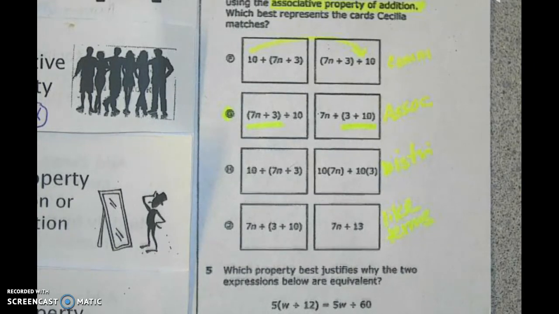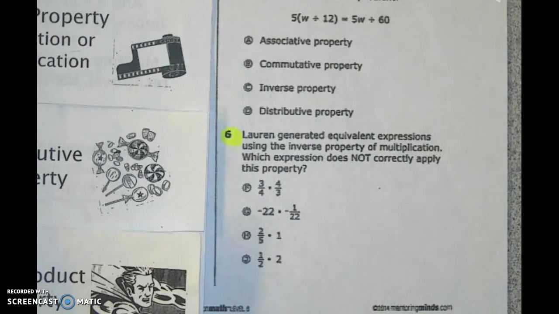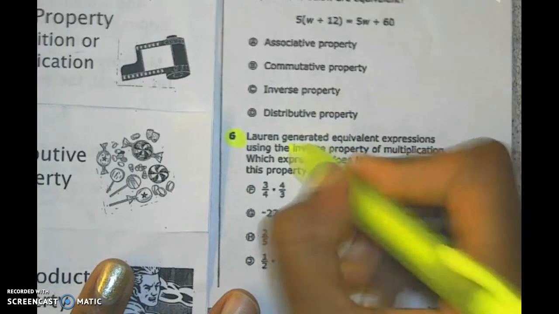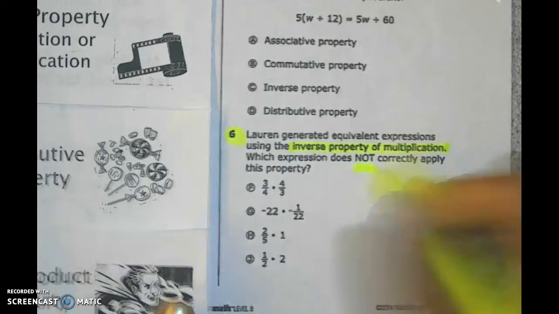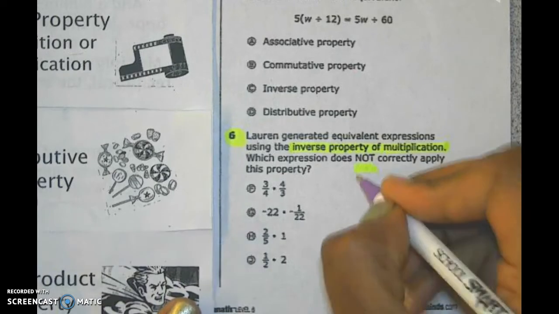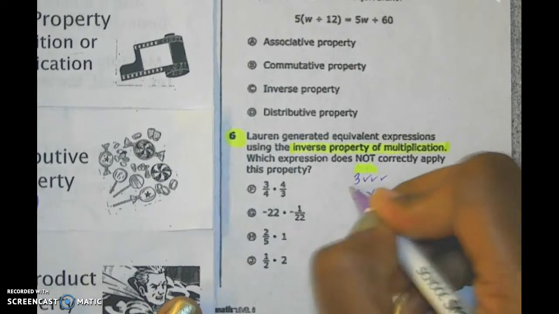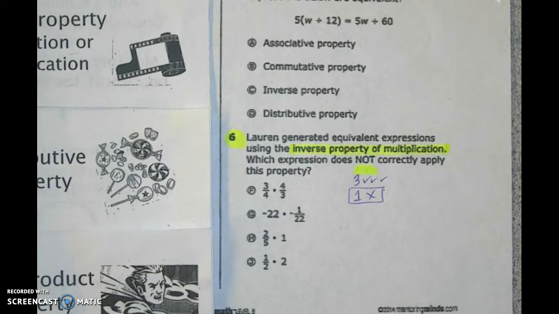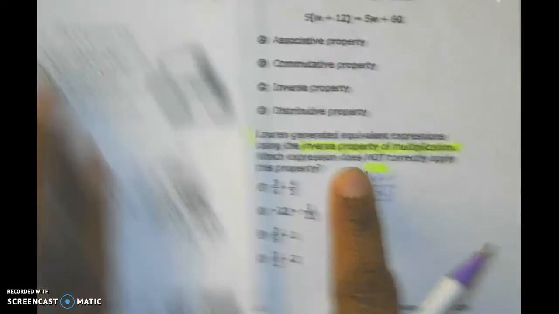And last but not least tonight, I want you guys to look at number 6. Lauren generated equivalent expressions using the inverse property of multiplication. So now we're talking about inverse property. Which expression does NOT, capital N-O-T, correctly apply this property? That means 3 are going to be right and 1 is wrong. We're looking for that 1 that is wrong.